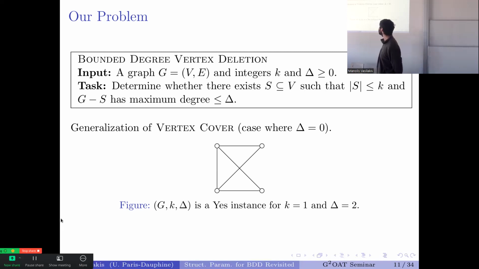For instance, in this graph, if I give you a budget of 1 and ask you to delete 1 vertex so that the maximum degree becomes 2, then you can delete whichever vertex you want. So this is a yes instance. If I ask you to delete at most one vertex and delta equals 1, then this would be a no instance. So I guess the problem is quite clear.